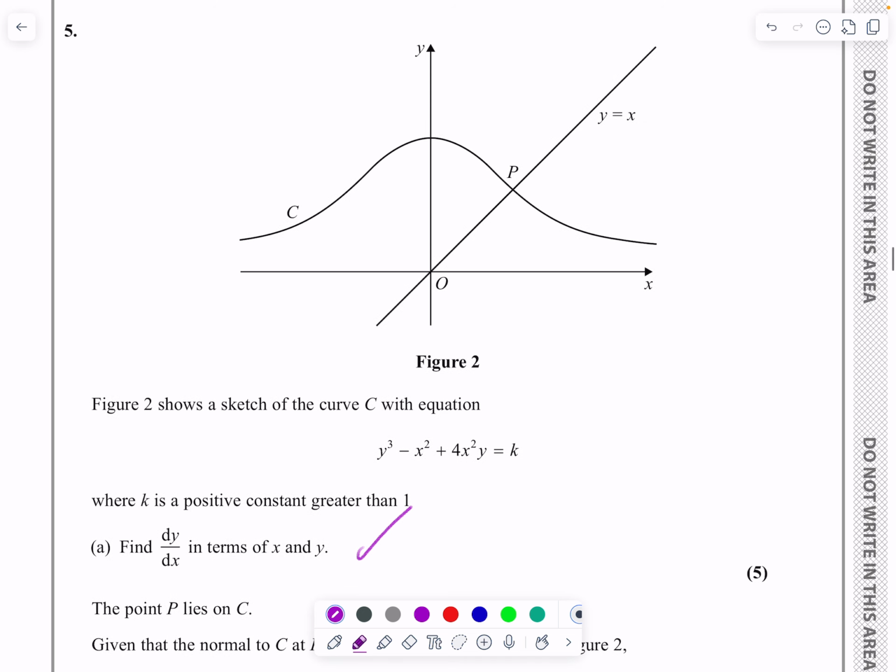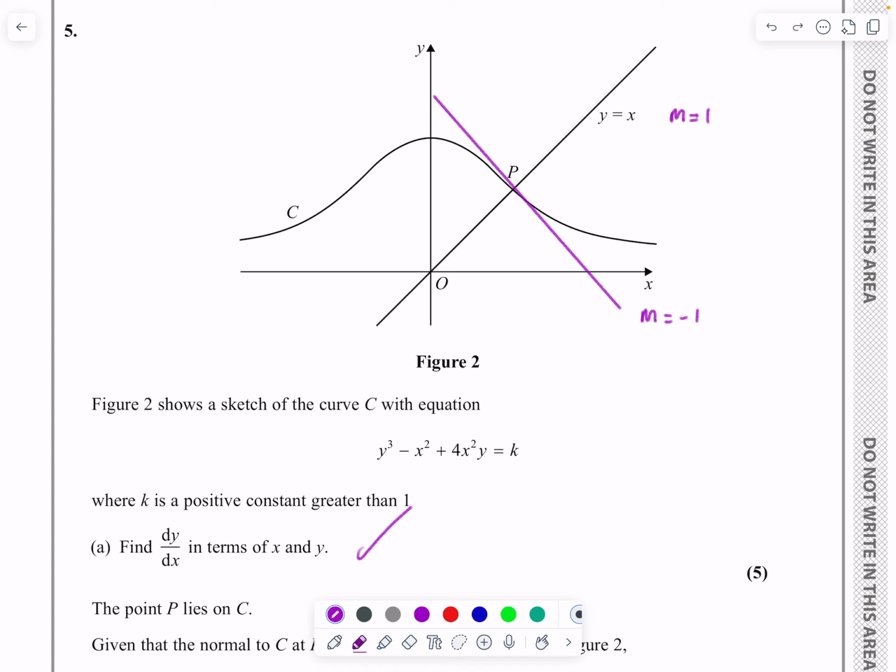So if the normal is y equals x, then I know the gradient of that line is m equals 1, which means if I were then to draw the tangent in at P, I'd know that that gradient is going to be m equals minus 1, because these two are perpendicular to each other.